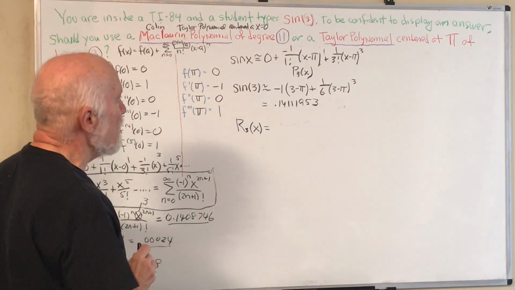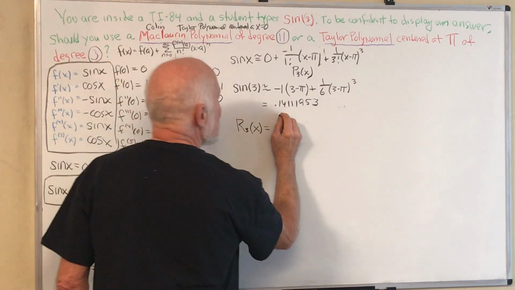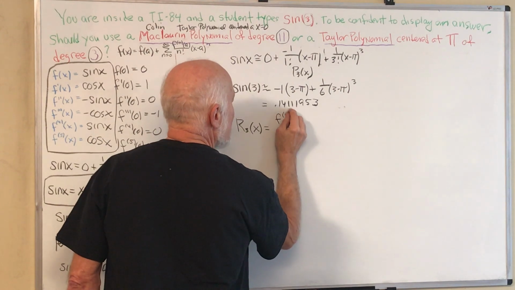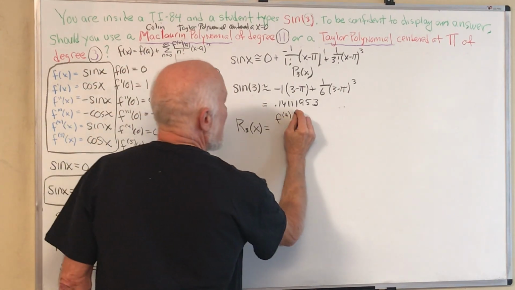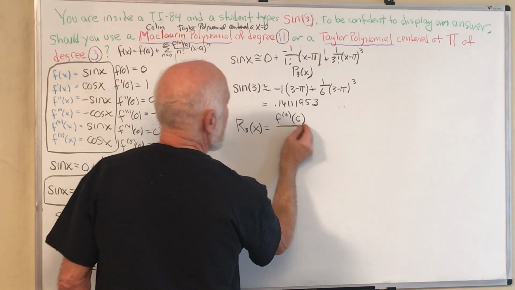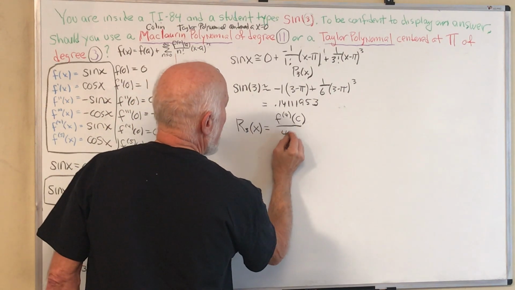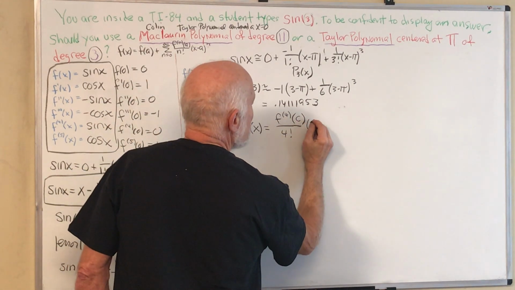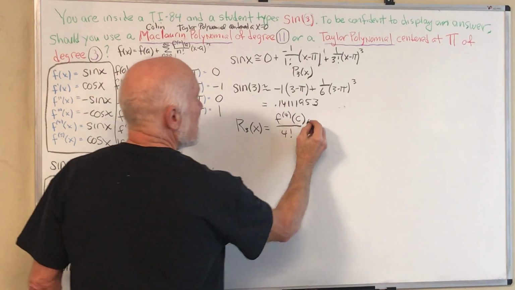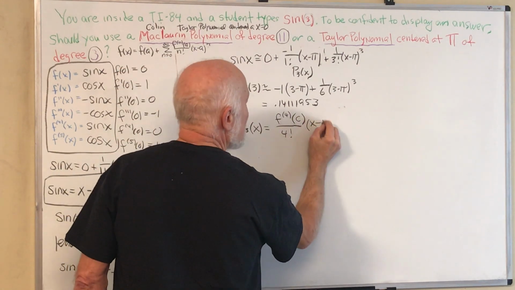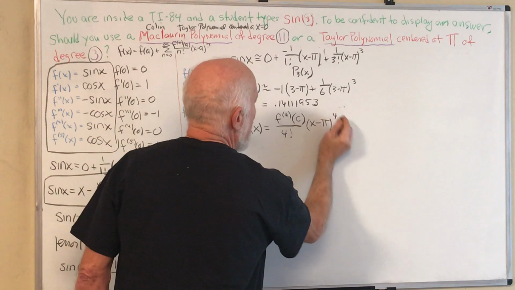The remainder would be R3 of x, which uses the next derivative centered at C over 4 factorial times x minus the center to the 4th power.